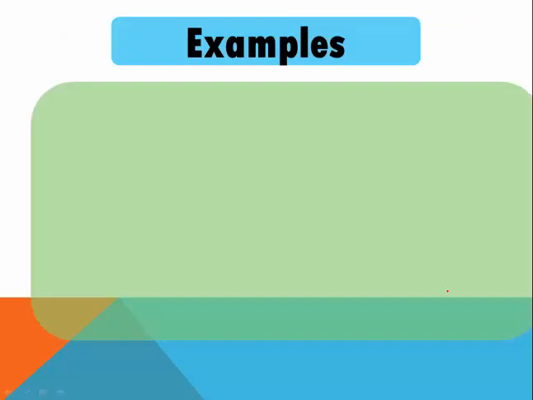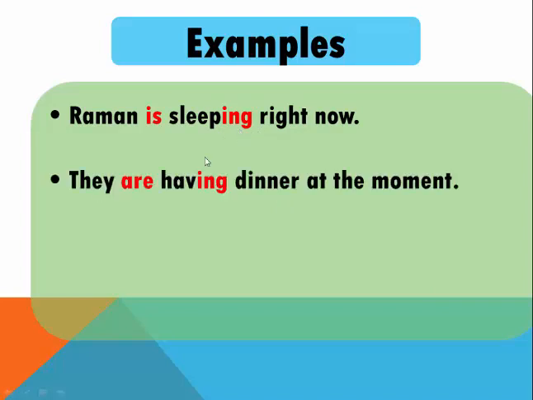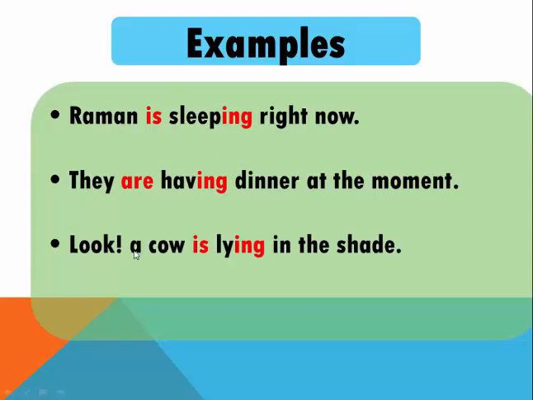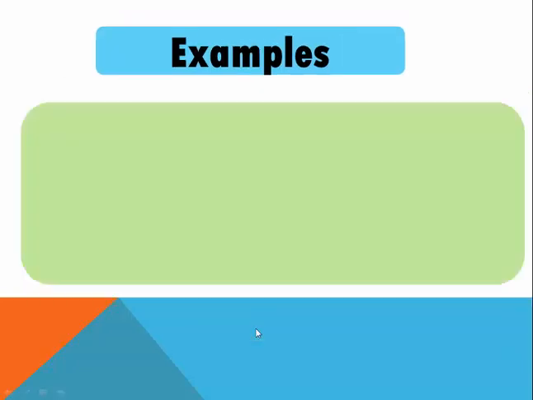Proceeding further with examples: Raman is sleeping, with the ing form of the verb. They are having dinner. Again, ing with are, and with a singular, is with ing. Is lying, ing form of the verb. They are leaving, are and leaving. So this is very simple.